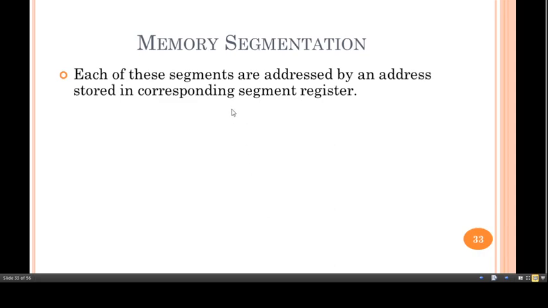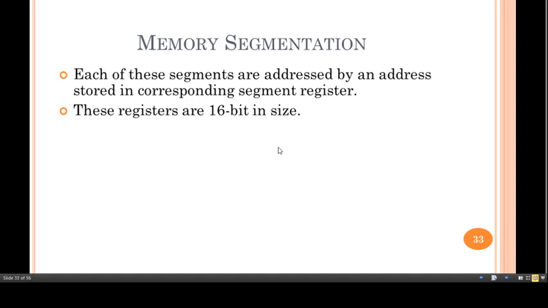Each of these segments is addressed by an address stored in the corresponding segment register. In our previous session we studied the register set. There we studied the 4 segment registers: the code segment register, data segment register, stack segment register and extra segment register.